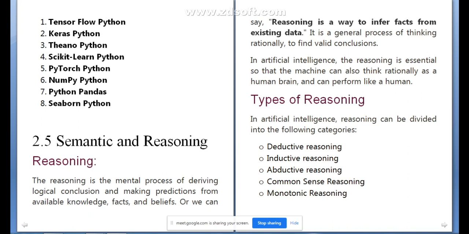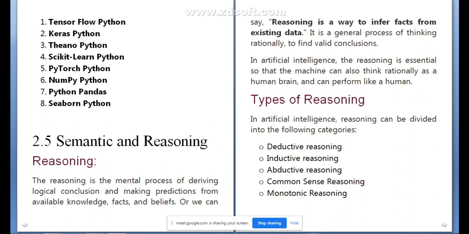Semantics and reasoning. आपको कुछ रीजनिंग के क्वेश्चन भी होते हैं एग्ज़ाम में, अगर आप कुछ सीईटी की एग्ज़ाम प्रिपरेशन कर रहे हो या कुछ कॉम्पिटिटिव एग्ज़ाम दे रहे हो, तो आपको वहाँ पे रीजनिंग के क्वेश्चन भी होते हैं। So reasoning is nothing but the mental process of deriving the logical conclusion and making predictions from the available knowledge.